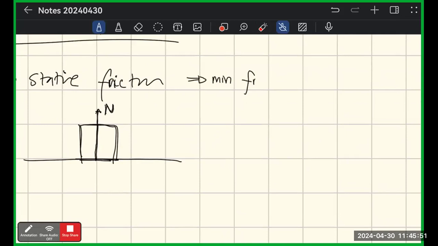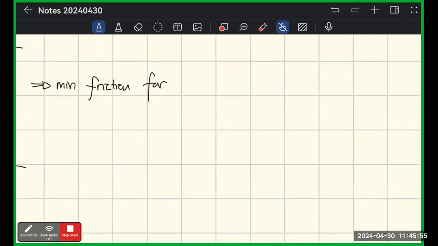The static friction is the minimum friction for an object to be moved.